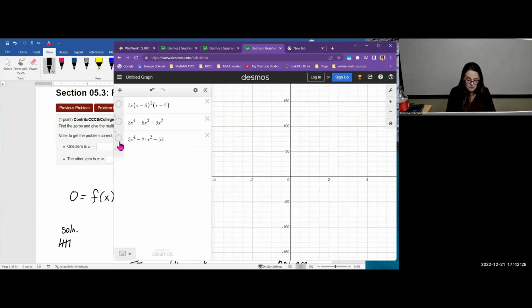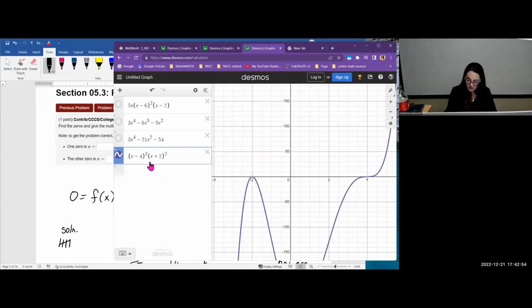Right, so (x-4) quantity cubed, and (x+2) quantity squared. Oops, I lost my square. Squared. All right. Oh, what happened to my x? I don't know where that went. Okay, there we go. Now it's looking a lot better.